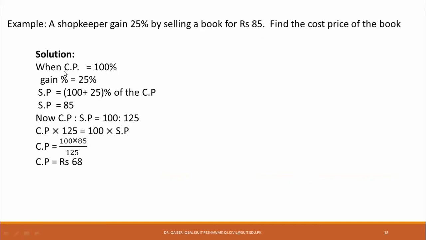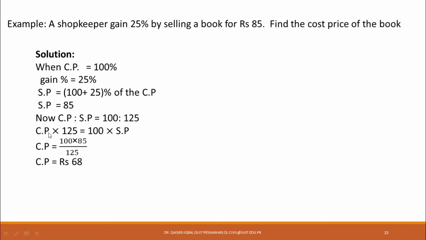Solution. The cost price is 100%, gain percent 25%. So the selling price is equal to 100 plus 25 whole percent of the cost price. So the selling price is 85. Now the ratio of the cost price and selling price is equal to 100 to 125.